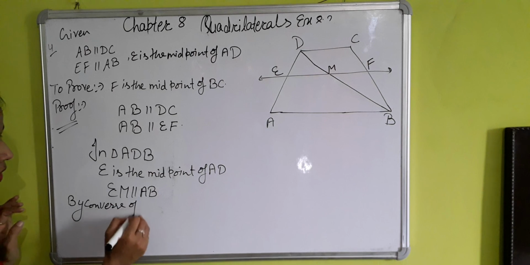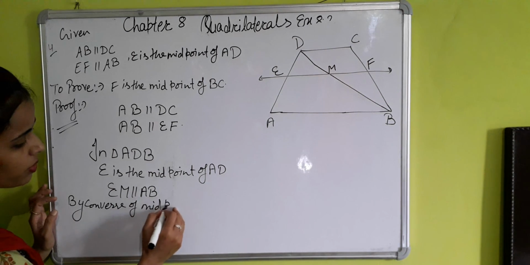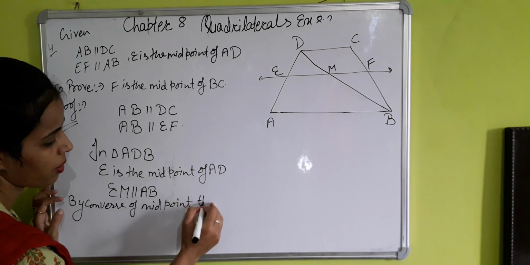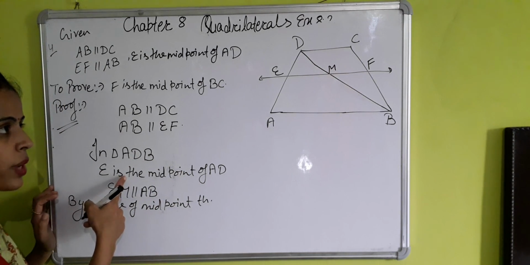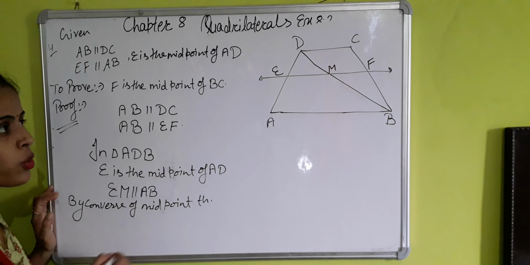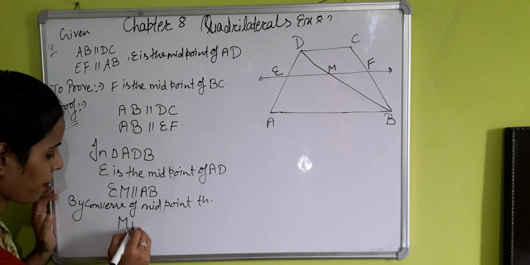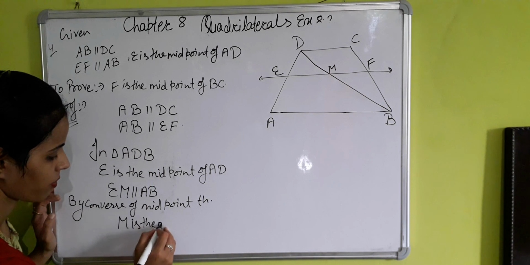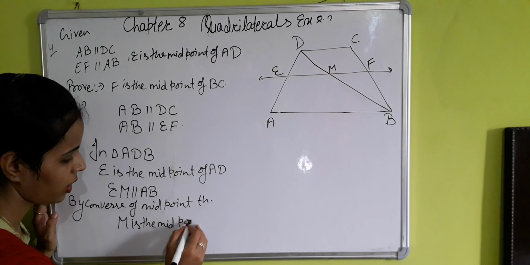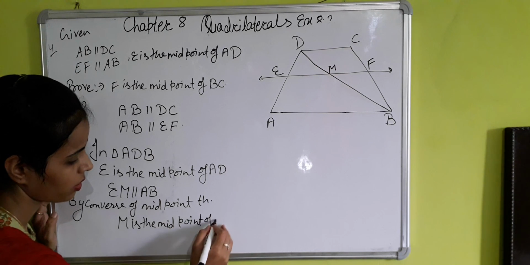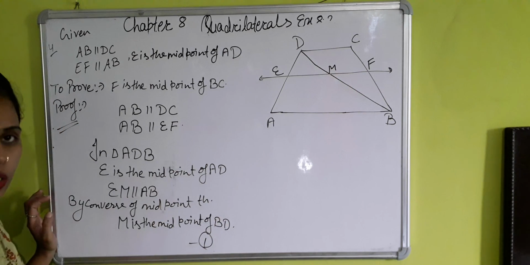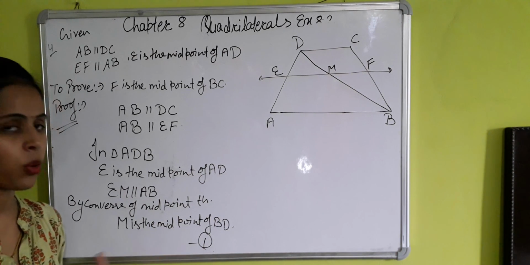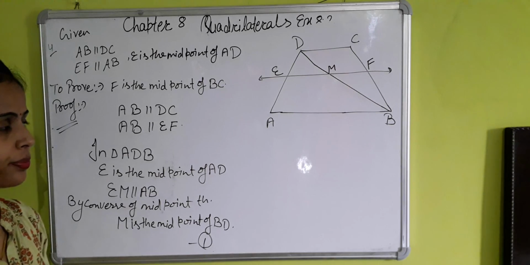E is the midpoint of AD, EM is parallel to AB, so M is the midpoint of BD. Equation first: M is the midpoint of side BD.